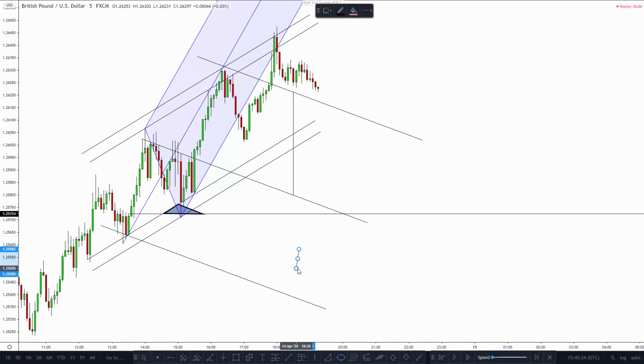As you can see here, the moment price hits the multiple intersection of these simple lines, it reverses immediately. As far as precision in trading goes, there's not much room for improvement, as you can probably tell.